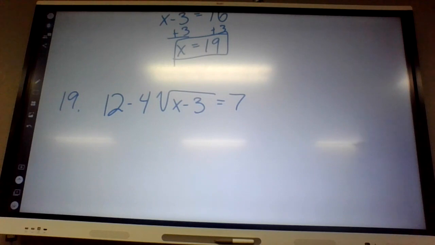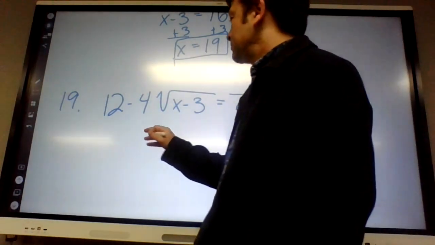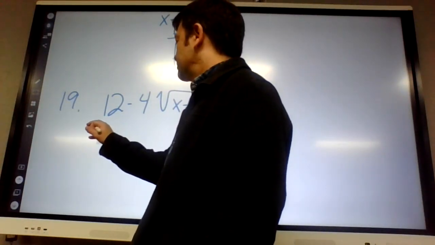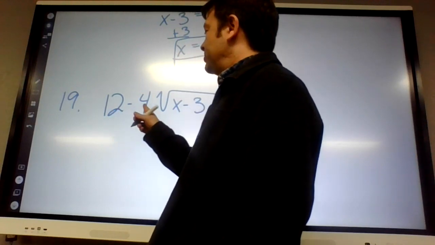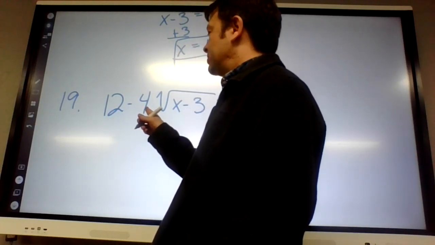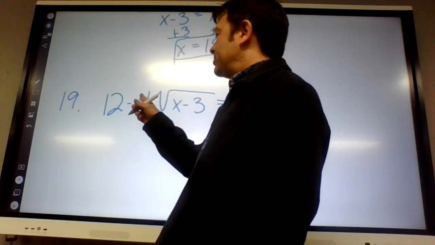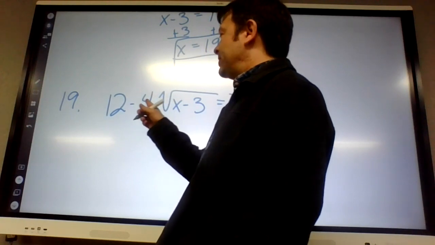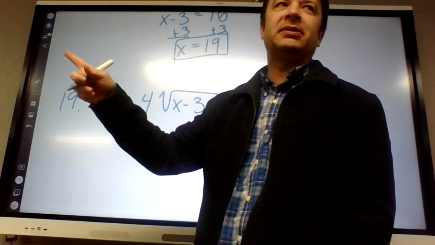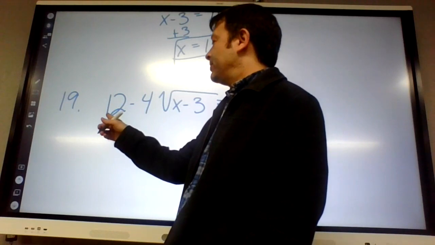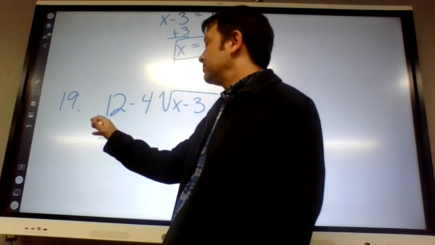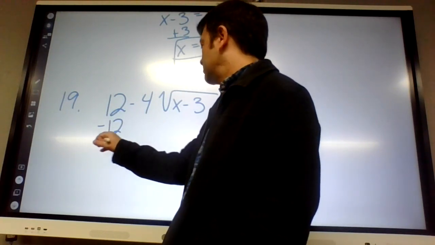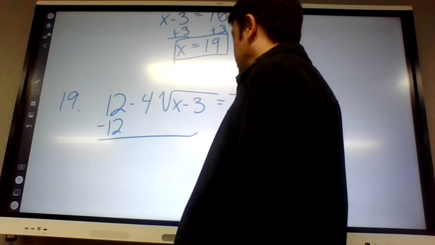Alright, now what? So first you just simplify it by making the 12 minus 4 into 8. Why can't we do 12 minus 4 equals 8? Because the 4 is multiplying. 4 is multiplied. So by order of operations, you cannot subtract. So we do have to get rid of the 12 though. How do we do that? Minus 12.